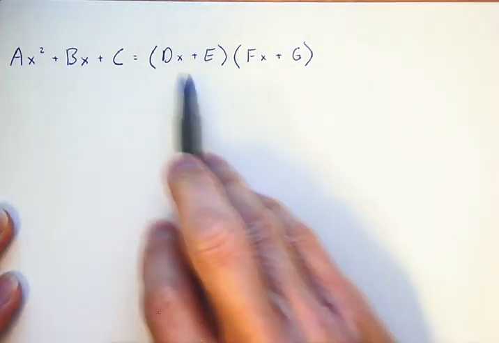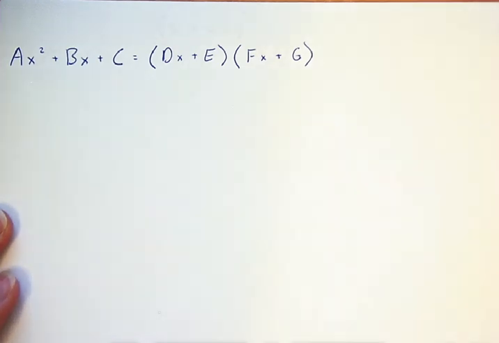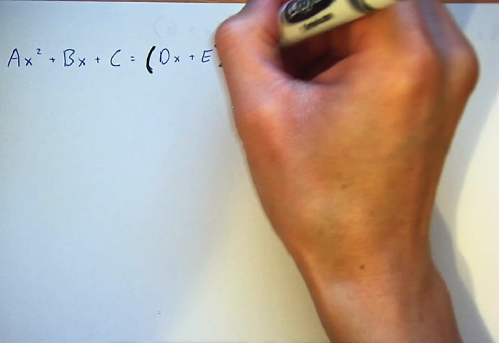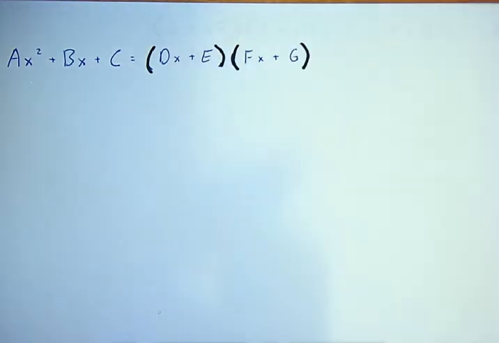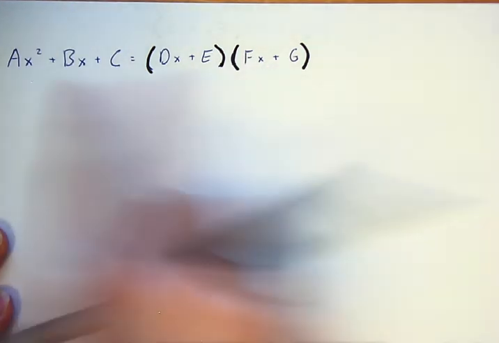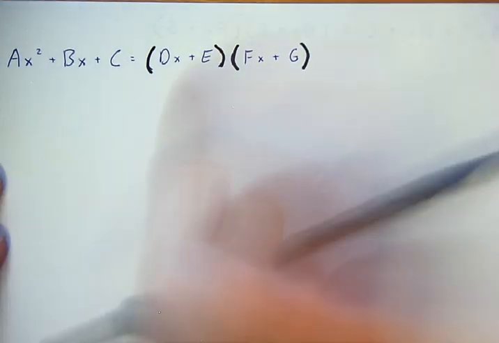I know once again this is going to be degree 1, these 2 different parentheses. Since degree 1 times degree 1 will get you degree 2, let's multiply this part out right here.